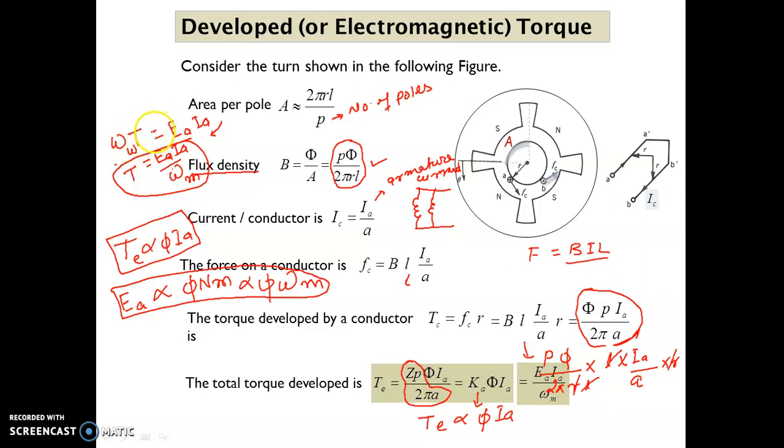So if the system is lossless, whatever mechanical power is given, electrical power is taken out. So this is a generator, and if it is a motor, electrical power is given and mechanical power is taken as output. So now I am going to discuss one numerical based on this relation.